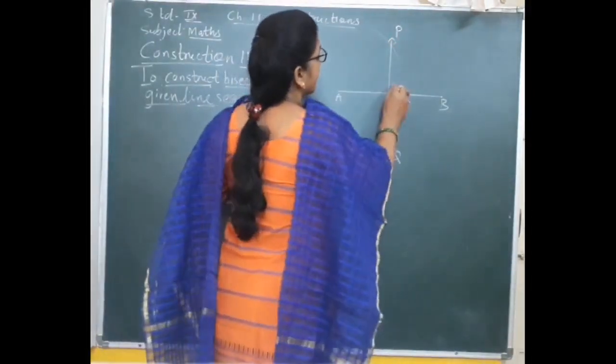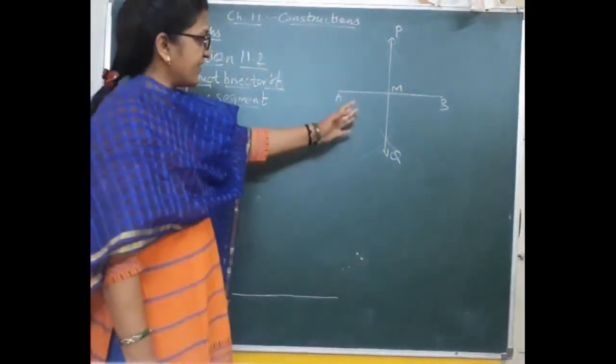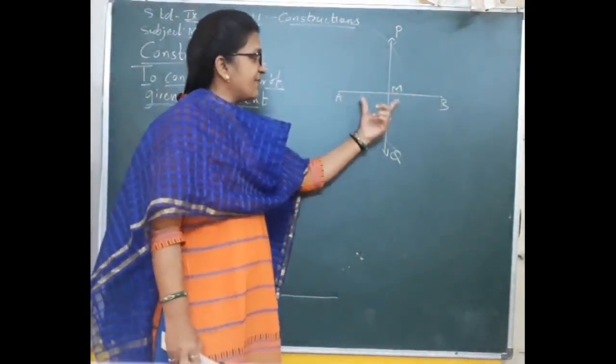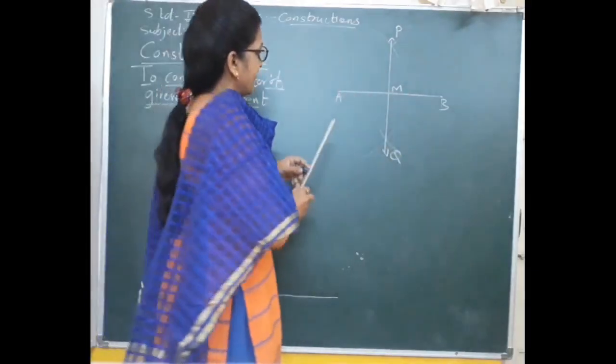This PQ intersects the line segment AB at point M. Now justification. You have to justify that M is the midpoint of AB and PQ is the bisector of line segment AB.